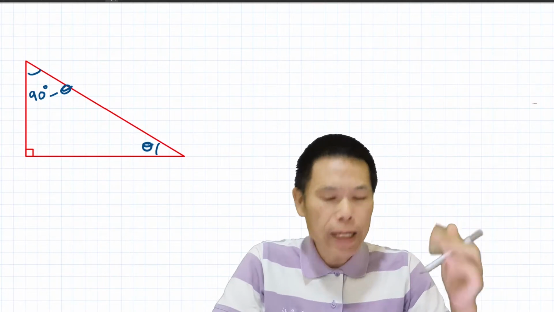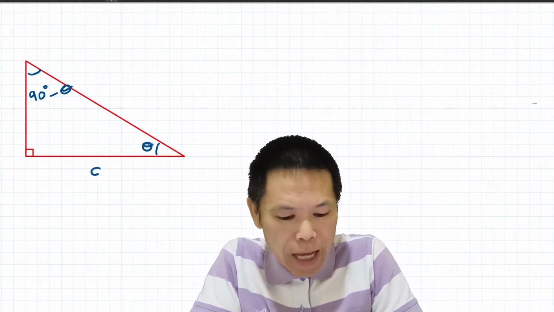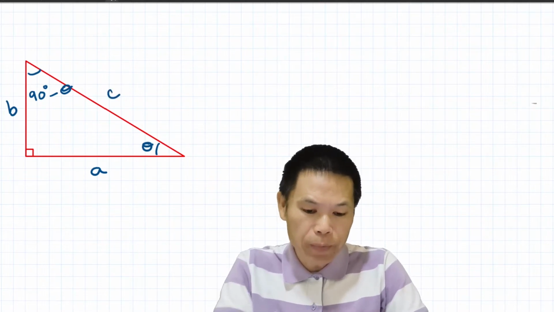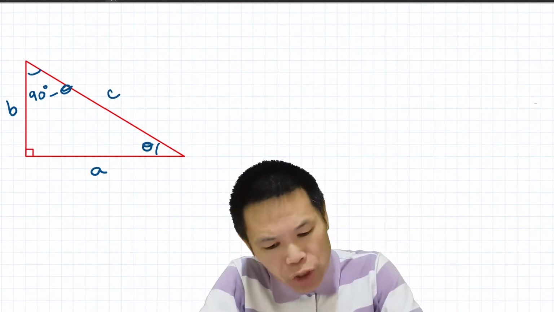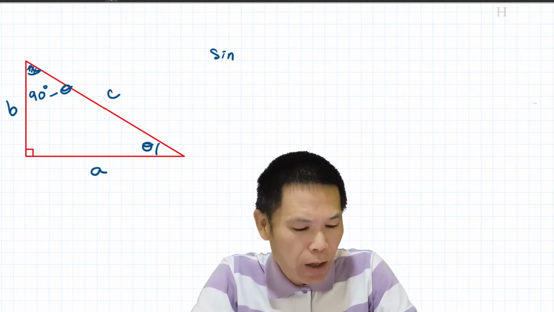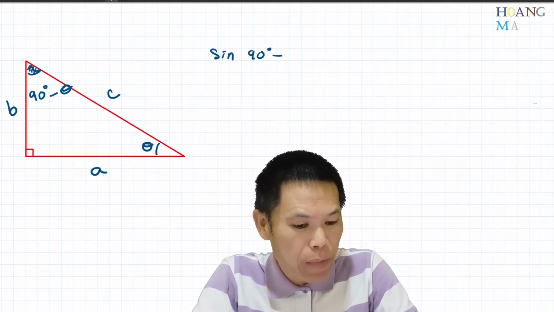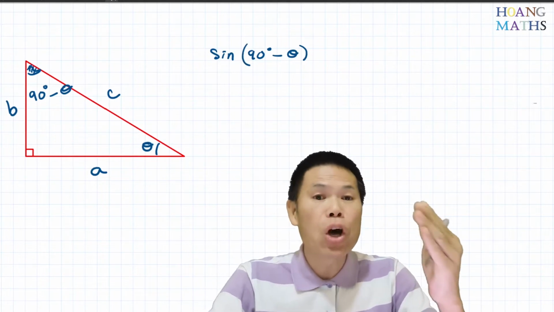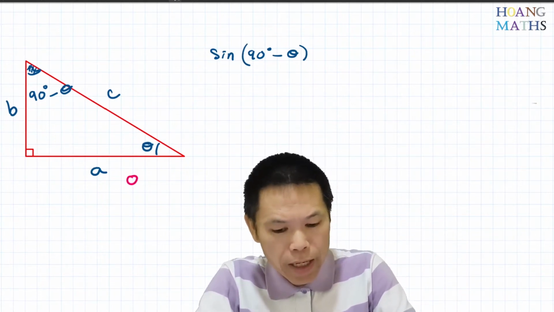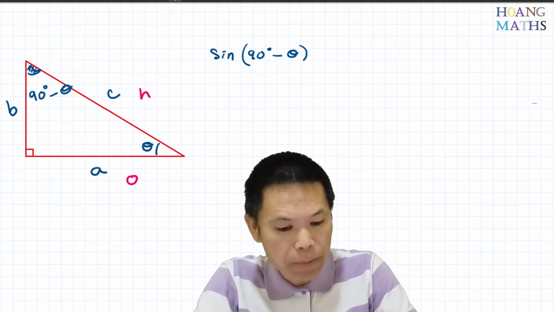Okay? And let's name these sides here. So this is A, let's name this B, and this is C. So if we want to find sine of this angle here, so sine of 90 degrees minus theta. Now sine is opposite over hypotenuse. And opposite here, and this is hypotenuse.